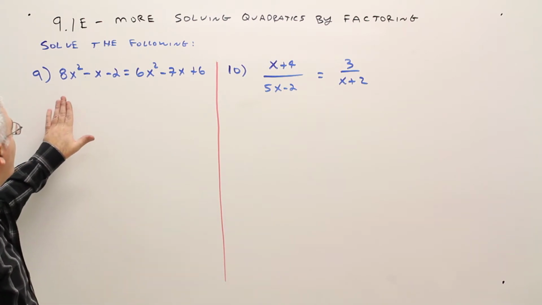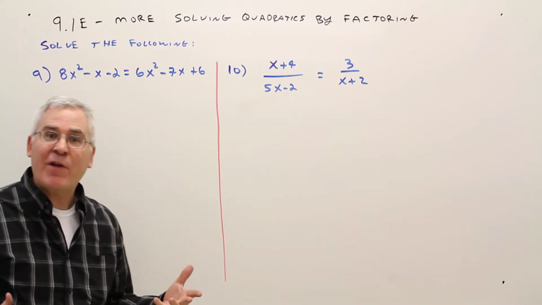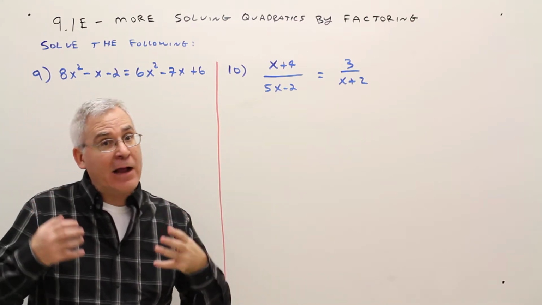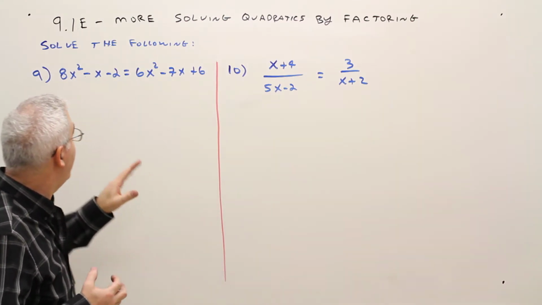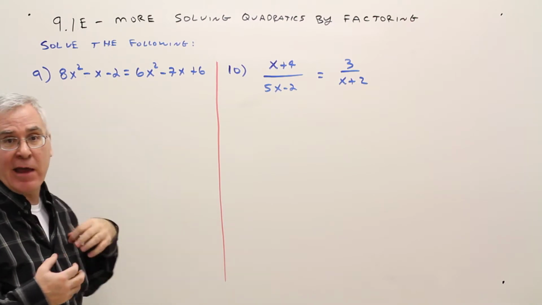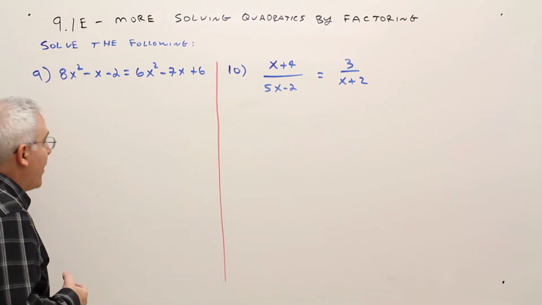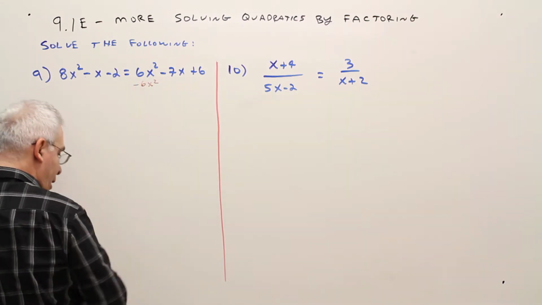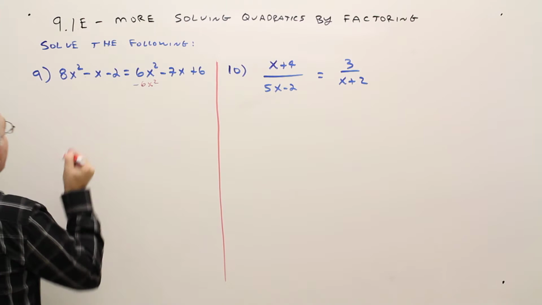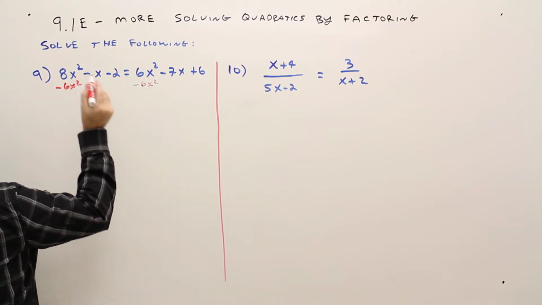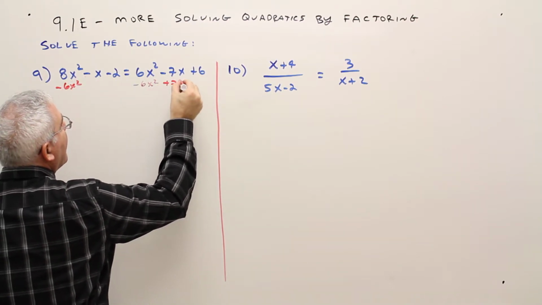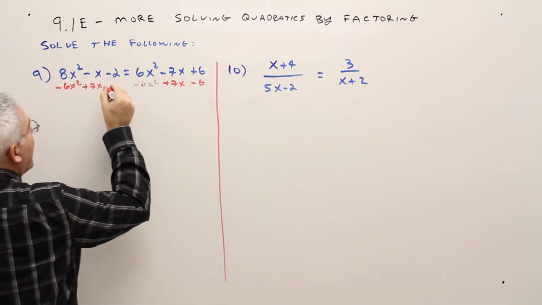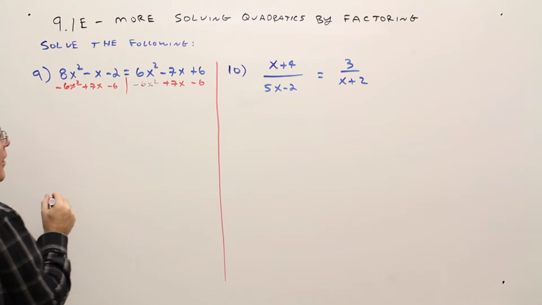All right, so for this first problem, again, what I've got to do is get the problem to standard form. I prefer my x squared coefficient to be positive, so I'm going to bring everybody to the left side, which will result in a positive lead term. So I'll just go minus 6x squared here, and minus 6x squared here, plus 7x here, plus 7x here, minus 6 there, and minus 6 there.